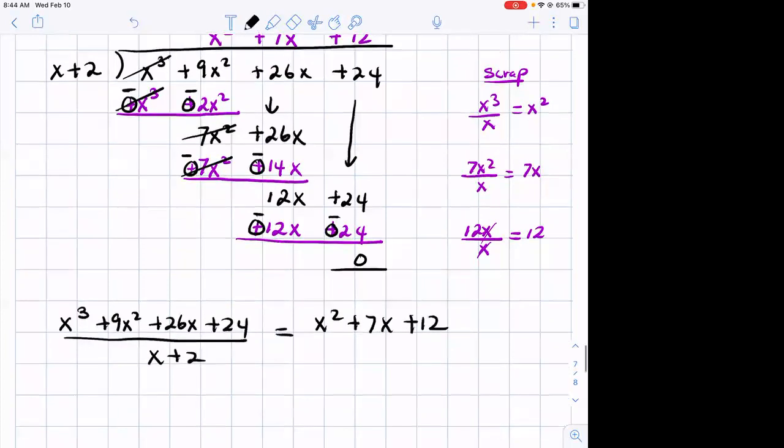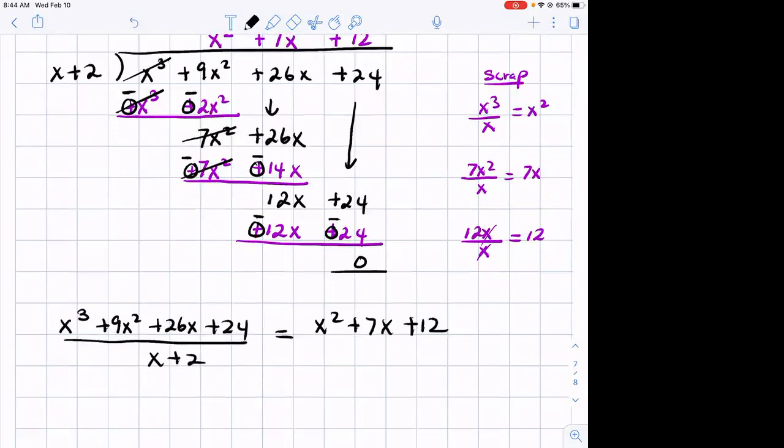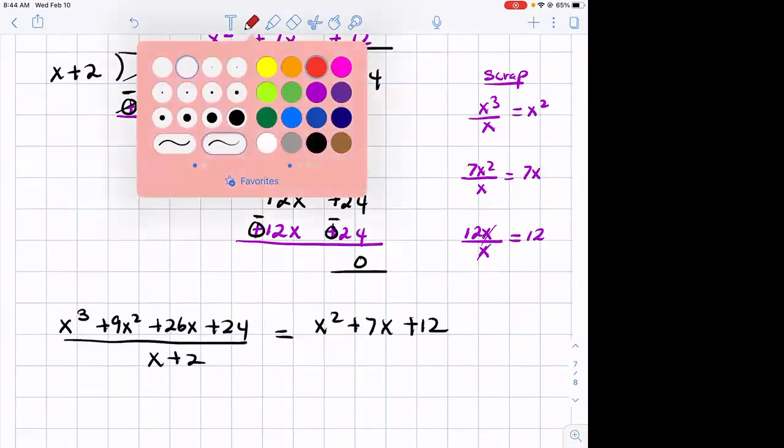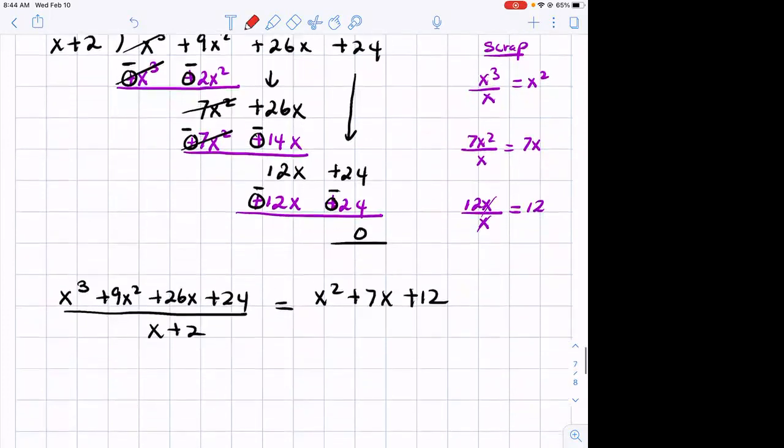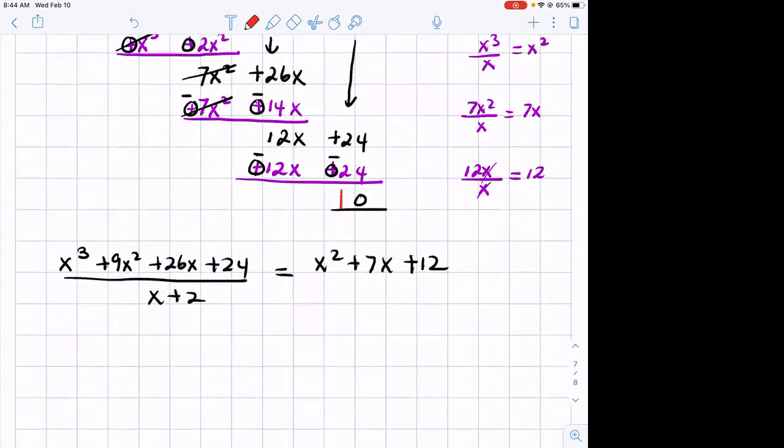Now here is something that I should point out, and I want you to pay very close attention to this. Your remainder is 0. So when your remainder is 0, it means x cubed plus 9x squared plus 26x plus 24 could be factored.